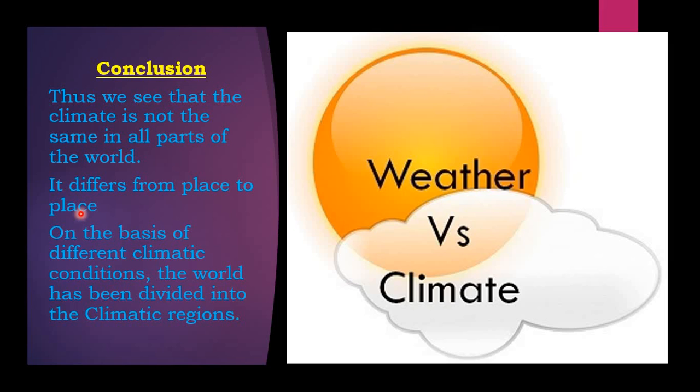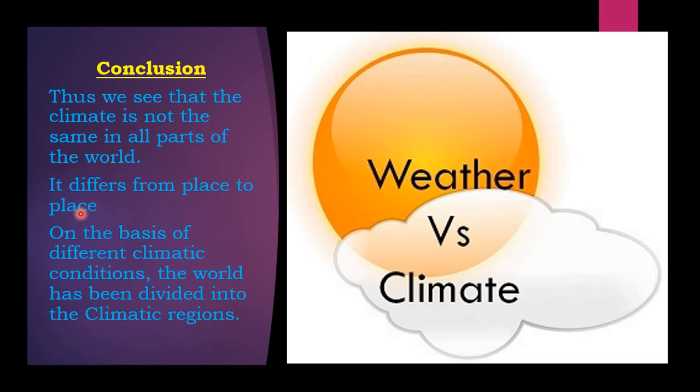So far, whatever you have studied, the weather, the climate, and the factors: distance from the equator, height above sea level, distance from the sea, and humidity. Then the second part, the heat zones of the world: the torrid zone, the temperate zone, the frigid zone.